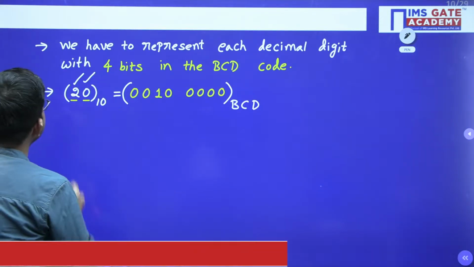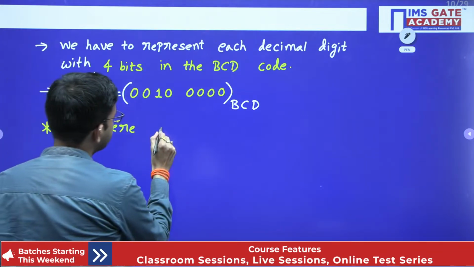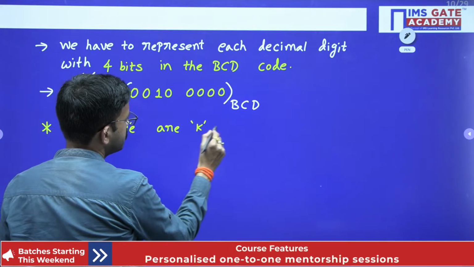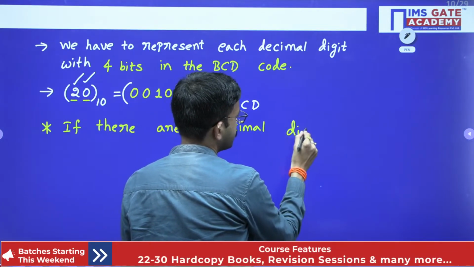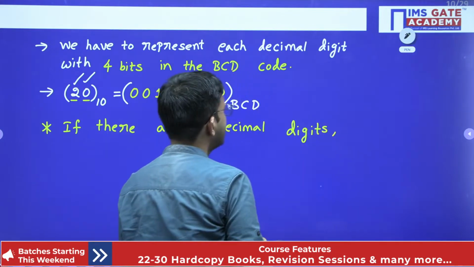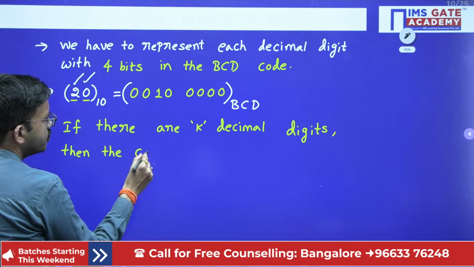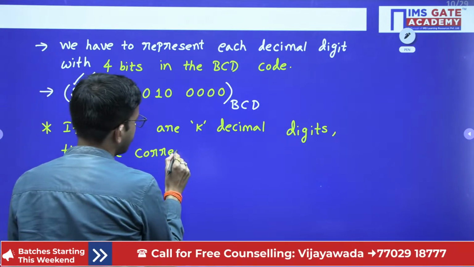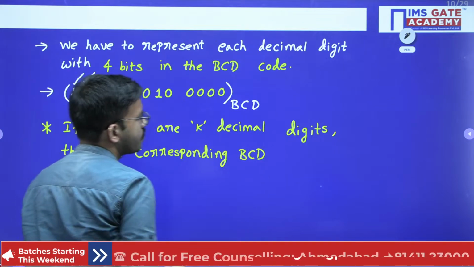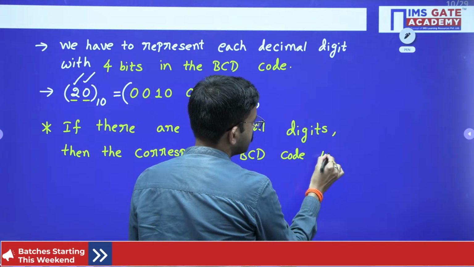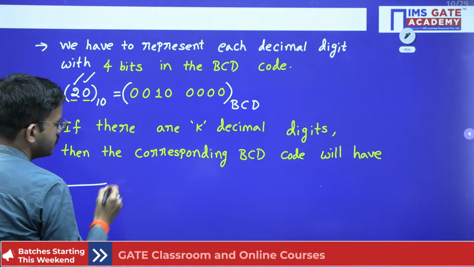So you can make a note for the generalized case. If there are k decimal digits, then how many bits will the corresponding BCD code have?